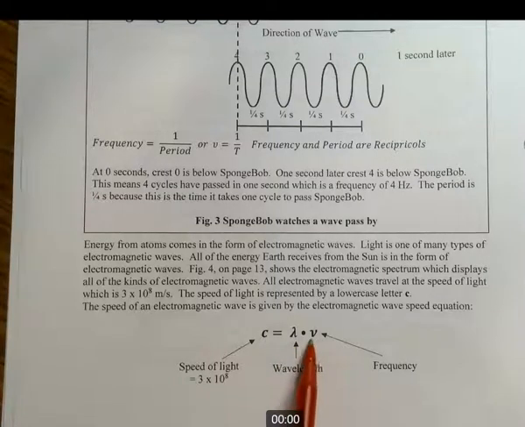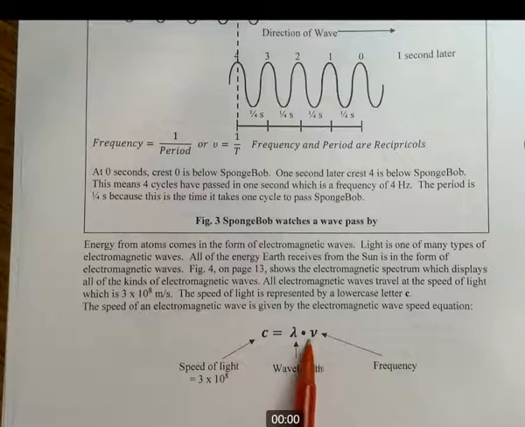And as I mentioned in class, in your physics classes, you probably used the letter F for frequency. Now you're using this V-like character called nu, so don't get it confused. It's not velocity. It's not wave speed. It is frequency. Now, since both of these multiplied together have to always come out to be 3 times 10 to the 8th, you can infer from that that if wavelength gets bigger or longer, frequency will get smaller.